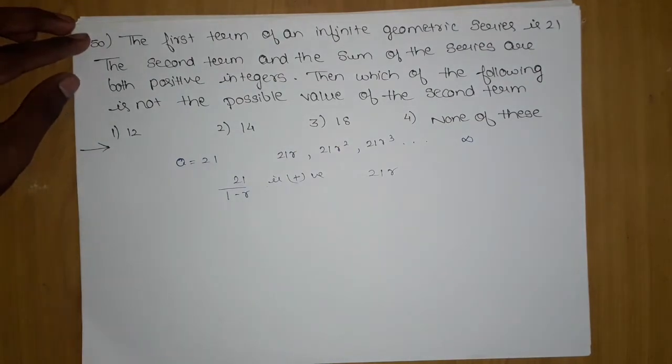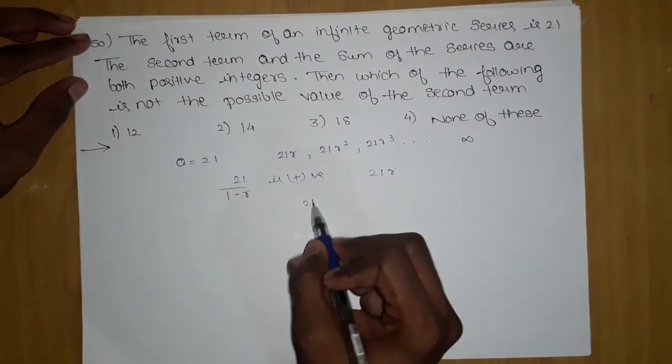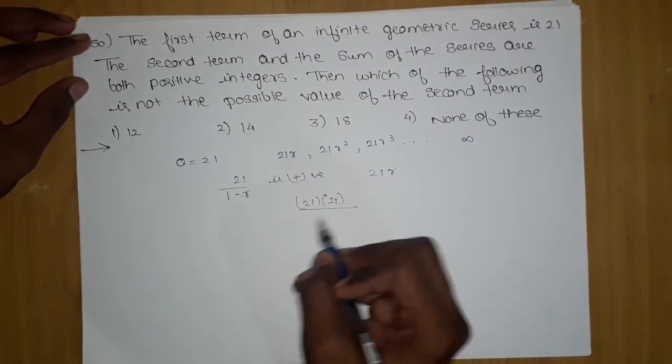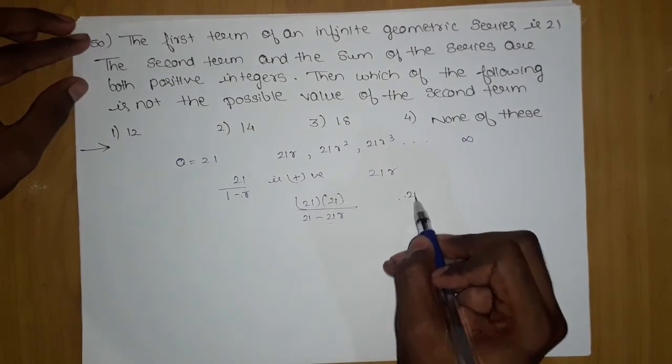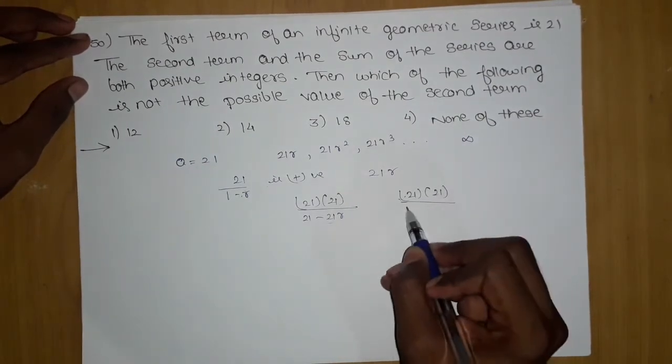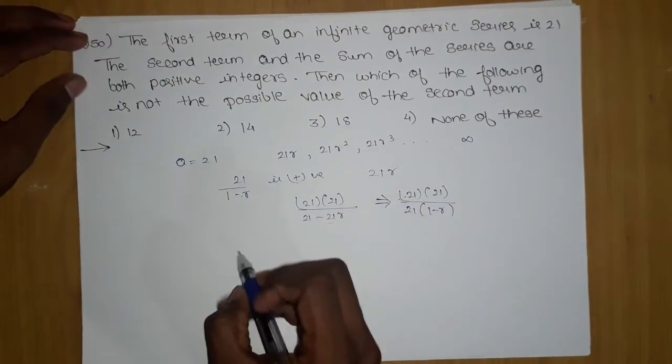To get 21r we should multiply here, so 21 into 21 upon 21 minus 21r, but this should be positive, so we'll do one manipulation, take 21 outside, 1 minus r. Now check the values.